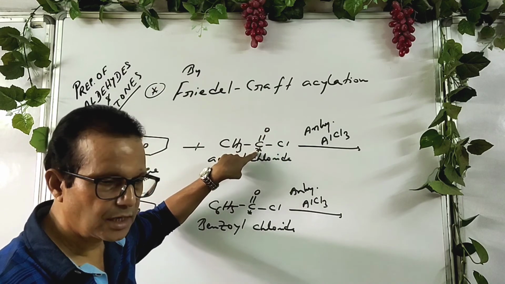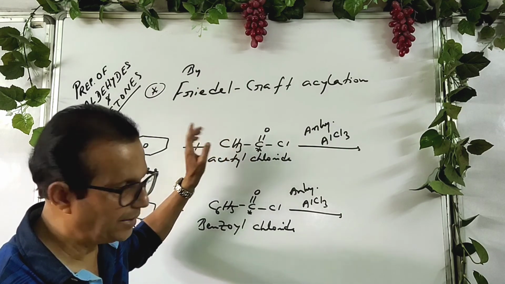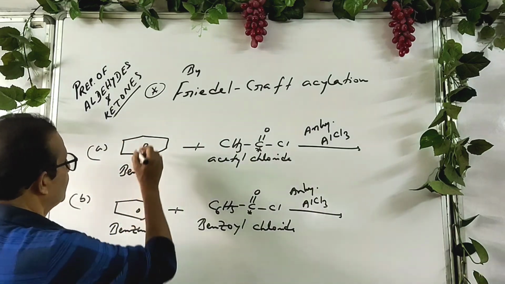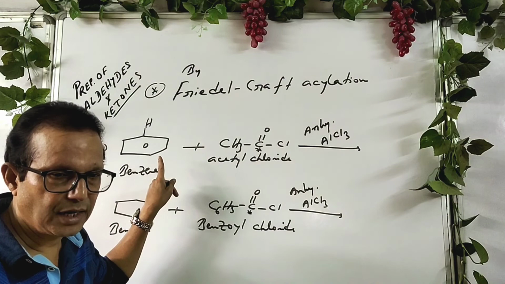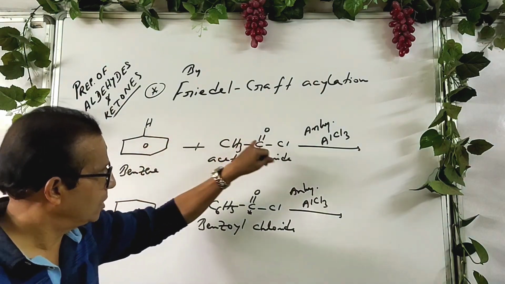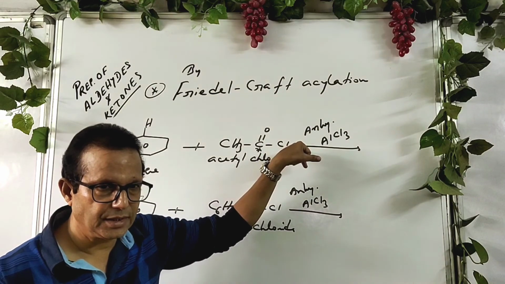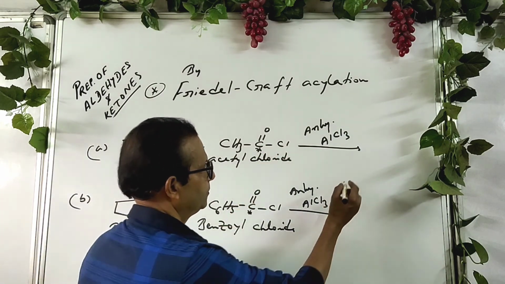I have given a star here because this carbon is attached with benzene. You know that in benzene every carbon contains hydrogen, so this hydrogen combines with chlorine to release HCl.